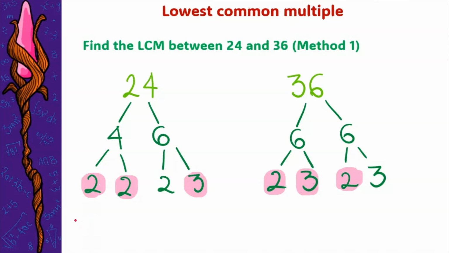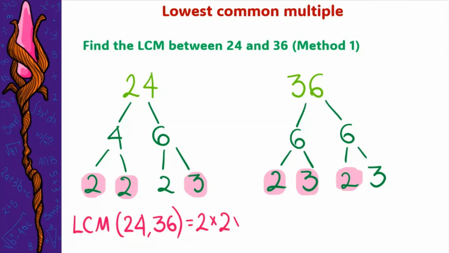So in order to find the lowest common multiple between 24 and 36, we are going to multiply those that repeat just once, 2 times 2 times 3, and multiply the ones that don't repeat. So times 2 times 3. This is 2 times 2 is 4, times 3 is 12, times 2 is 24, and times 3 is 72.